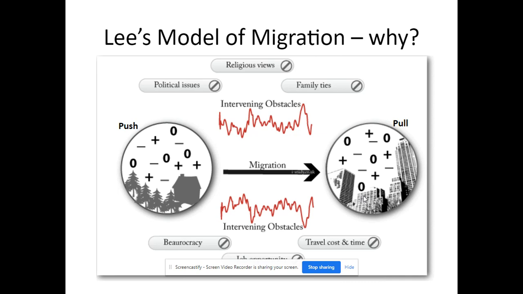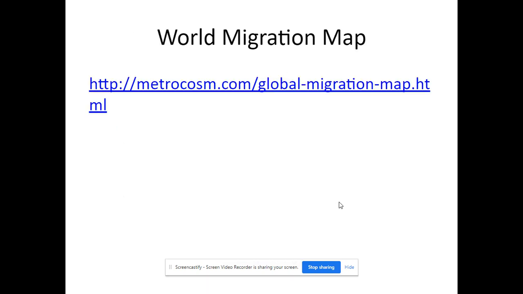That love of your life is an intervening obstacle because it is preventing you from moving and is having you stay at Monarch. So intervening obstacles could be family ties, like maybe you were all set to move and then your mom got sick, or you just couldn't leave your family. Could be political issues. You're all set to move and then they close the borders and they won't let you in. Maybe it's religious views and they don't like the type of person that's coming in.